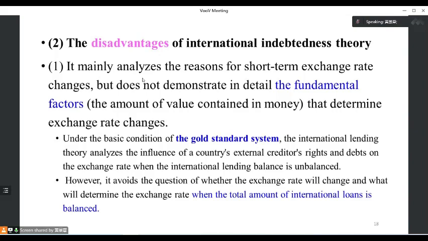It mainly analyzes the reasons for short-term exchange rate changes, but does not demonstrate in detail the fundamental factors, the amount of value contained in money, that determine exchange rate changes.